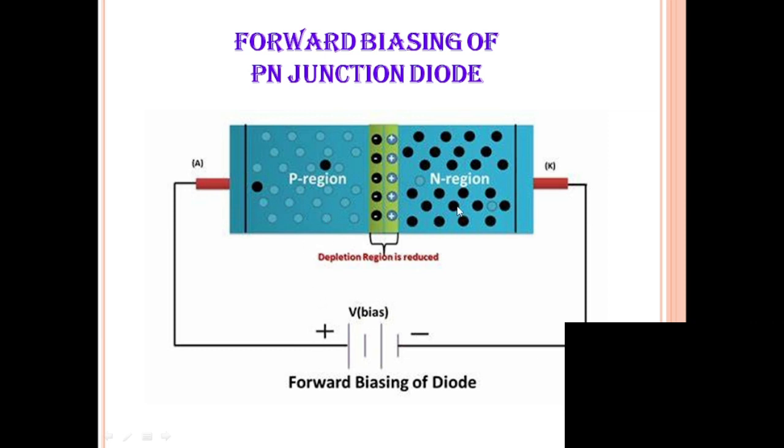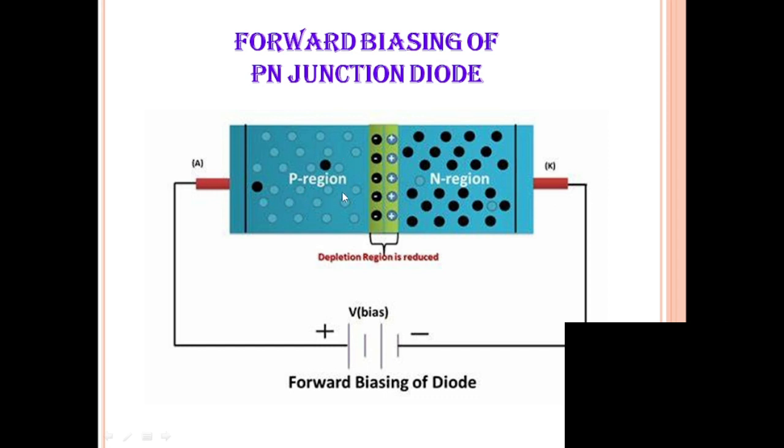At the same time, the electrons present in the N region are repelled by the negative terminal of the battery. Both conditions go on repeatedly and continuously.